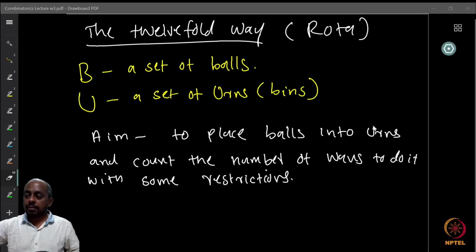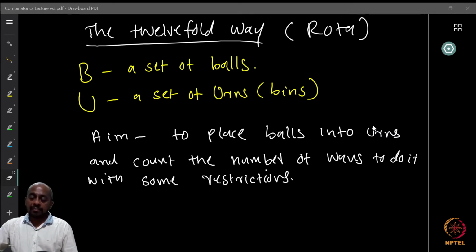Okay, so what we want to look at is a way to collectively visualize several of the questions that we already solved in the same framework.